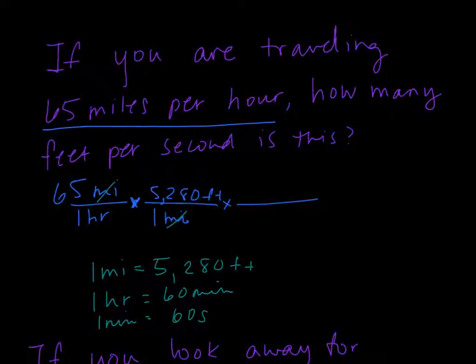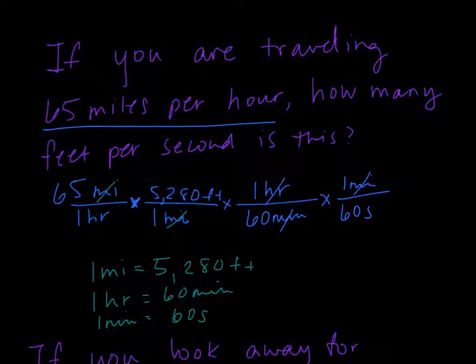So 1 hour is 60 minutes, and 1 minute is 60 seconds. So minute cancels with minute, hour cancels with hour, and we're left with feet per second, and that's what I wanted to find. So my answer is going to be in feet per second.